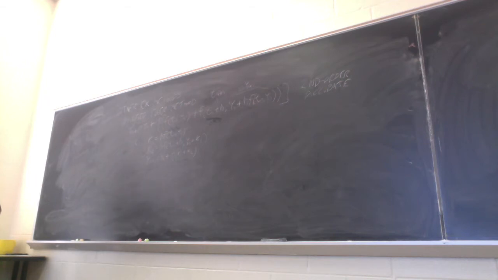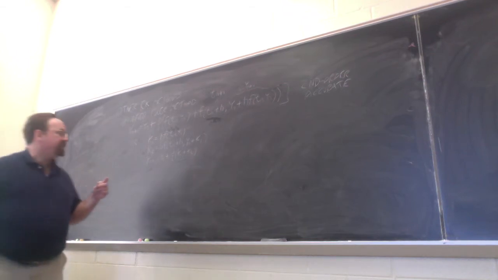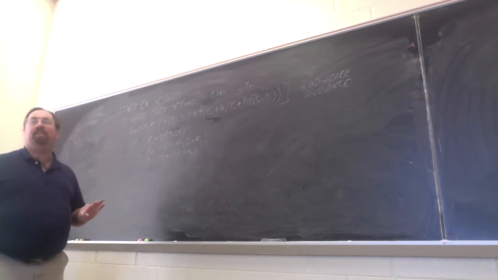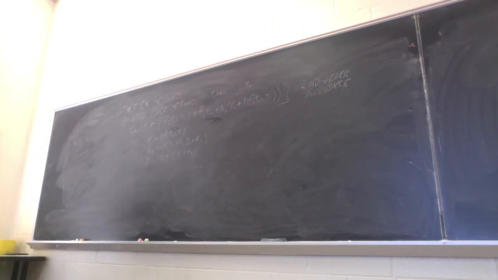Now, let's see how well you remember your stuff from last semester. What integration rule does this method resemble? Because we're evaluating at the endpoints of our interval in time, and then we average them basically.